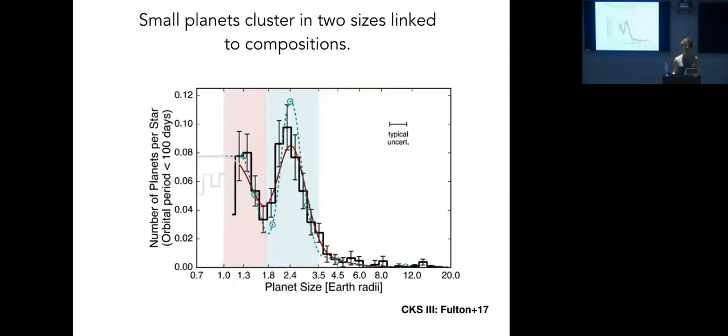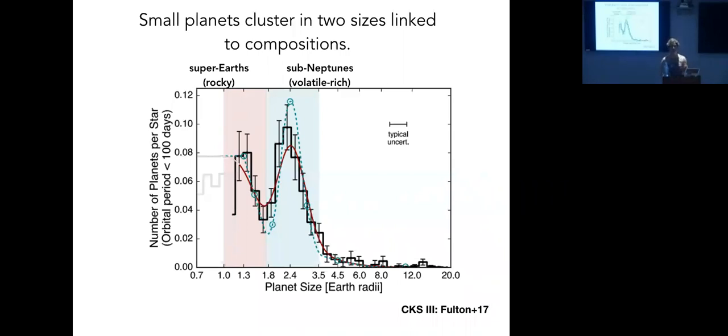And what we found is that small planets cluster in two sizes in a manner that we believe is linked to their compositions. So we see two bumps in this distribution, one of which for the small planets might be rocky super-Earths, and then for the larger planets, larger than about 1.8 Earth radii, this second bump is volatile-rich sub-Neptunes.